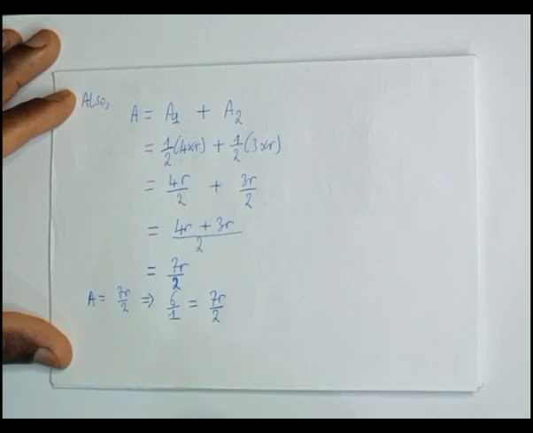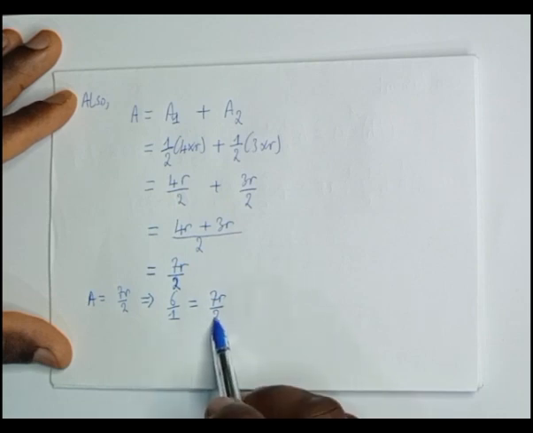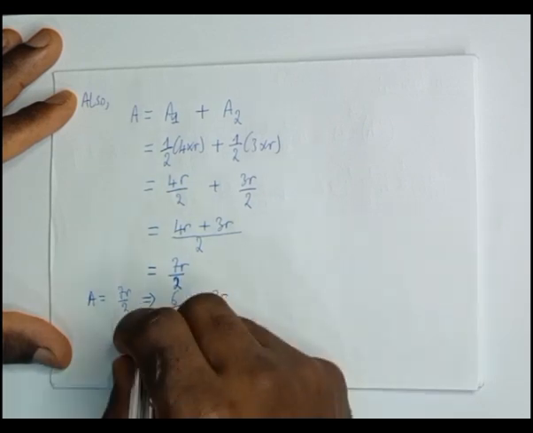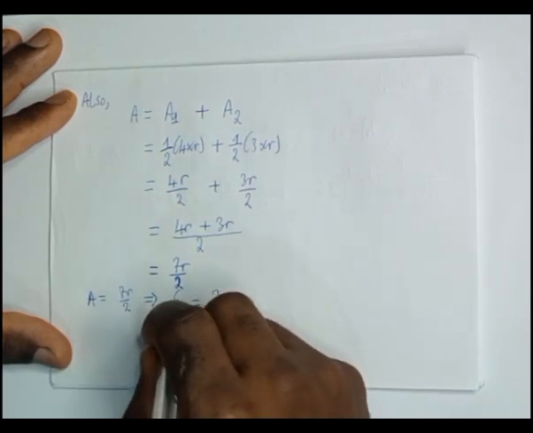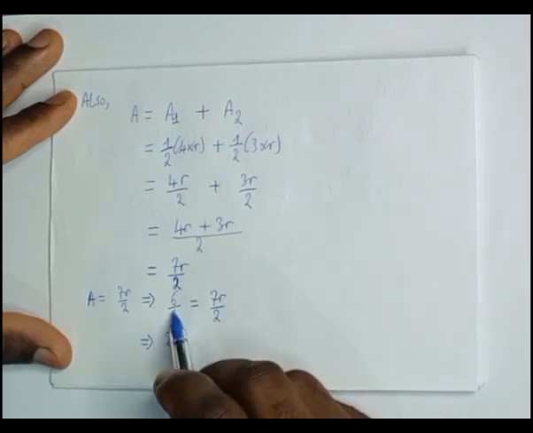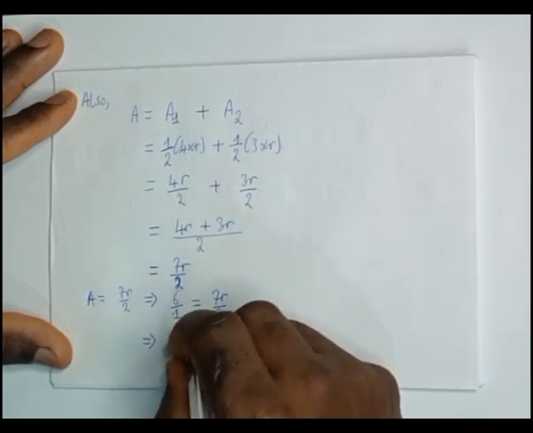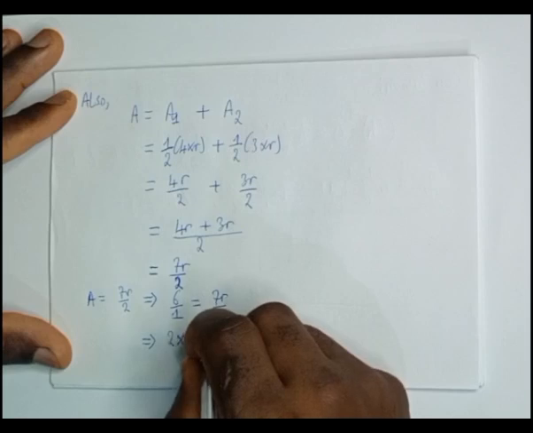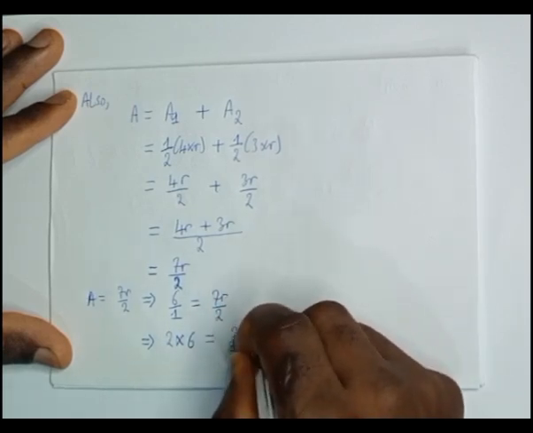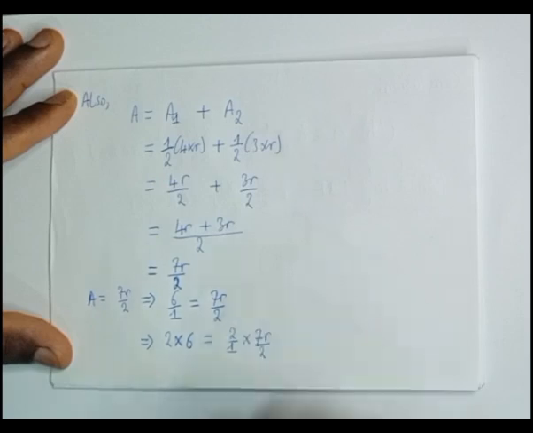Then we are going to multiply all through by 2. The reason why we are multiplying all through by 2 is simply because we want to eliminate 2 from the denominator at the right hand side. This will imply 2 times 6 over 1 is 6. 2 times 6 is equal to 2 over 1 times 7r over 2.